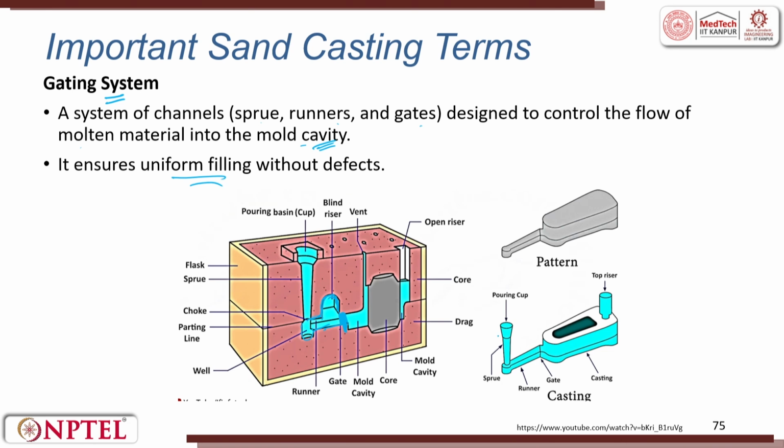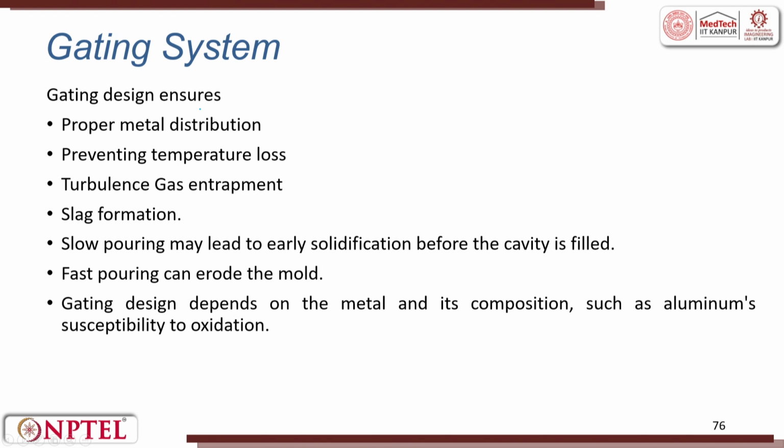So, this is the top riser, pouring basin, this is a runner, and at the entry of the mold it is called the gate. The gating design ensures proper metal distribution, preventing temperature loss, turbulence, gas entrapment, slag formation. Slow pouring may lead to early solidification before the cavity is filled. Fast pouring can erode the metal.